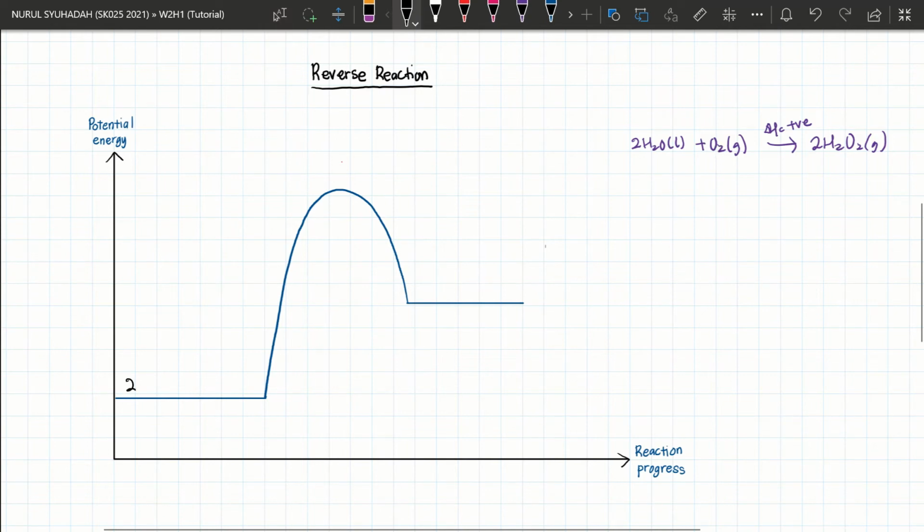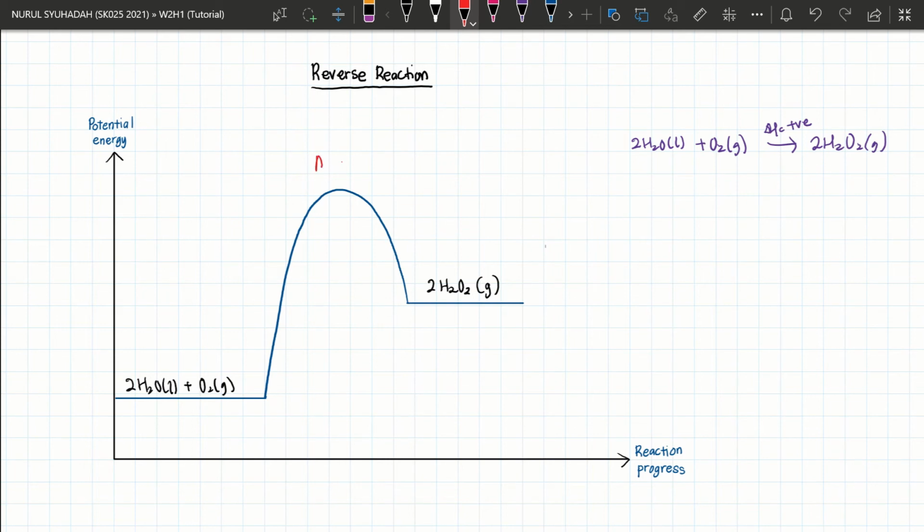Okay, so put here 2H2O liquid plus O2 gas, and our product right now is 2H2O2, the peroxide, gas. Okay, the next part, let's label the activated complex. It will always be on top here. So activated complex.